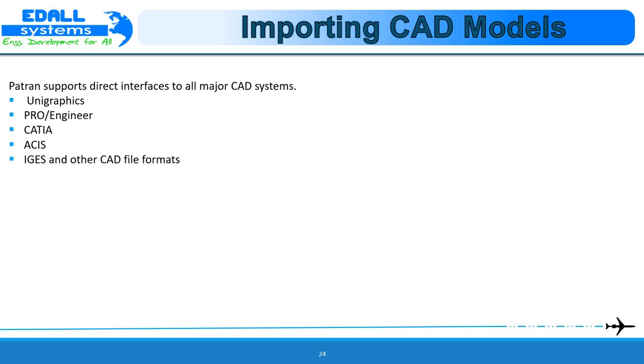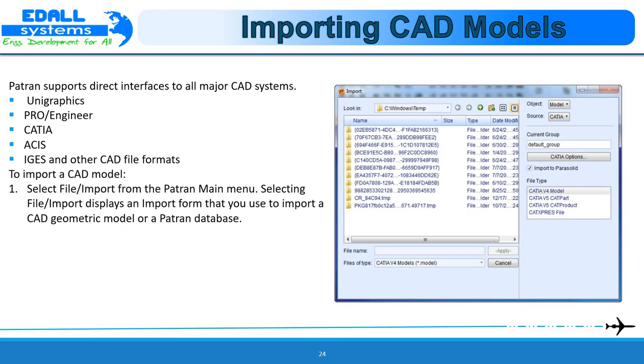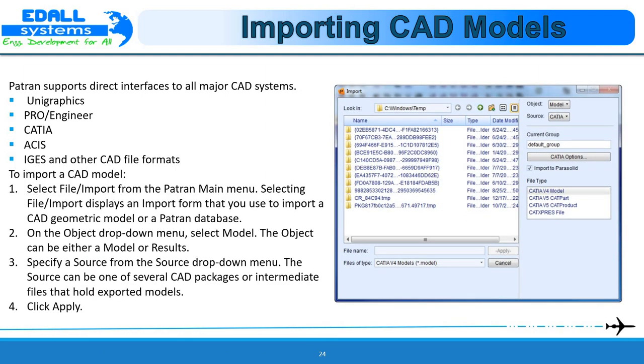Patran supports direct interfaces to all major CAD systems like Unigraphics, Pro/ENGINEER, CATIA, ACIS, IGES, and other CAD file formats. Many other third-party modeling packages can be supported through the use of the ANSI industry standard IGES, Initial Graphics Exchange Specification protocol. To import a CAD model, follow the steps shown on the screen.